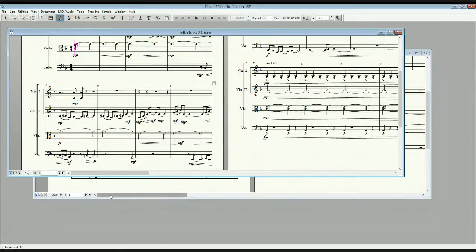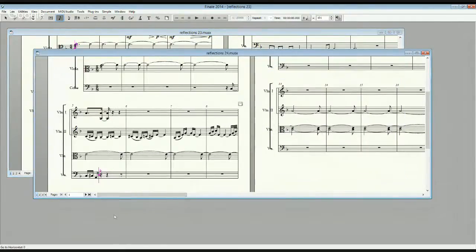Quarter note. Is the interest? Yeah, that's probably fine.